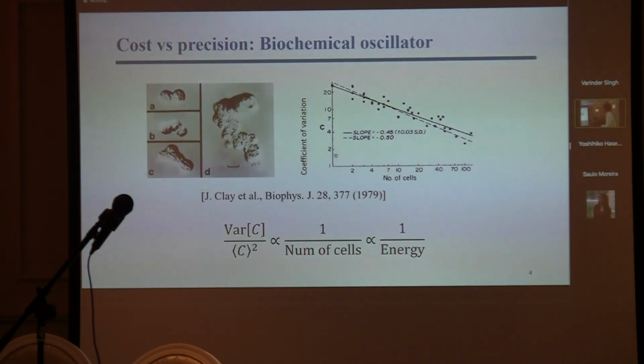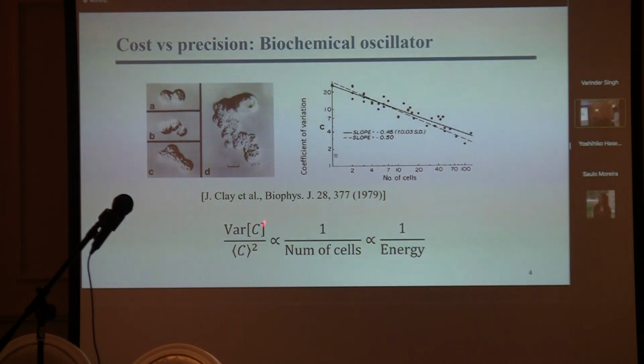The next example is a biochemical oscillator, and Cao et al. studied the accuracy quantified by this expression as a function of the number of cells, per cell. In figure A, there are 2 cells, and in figure D, there are 27 cells.